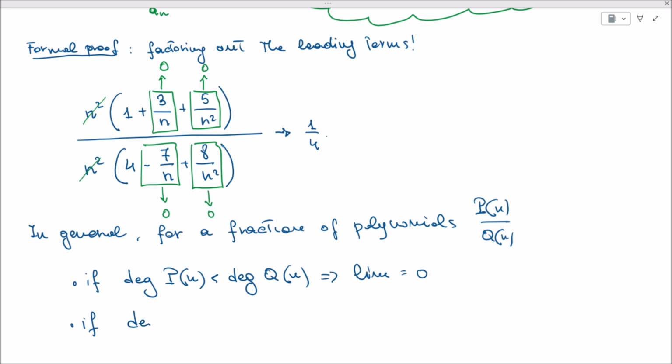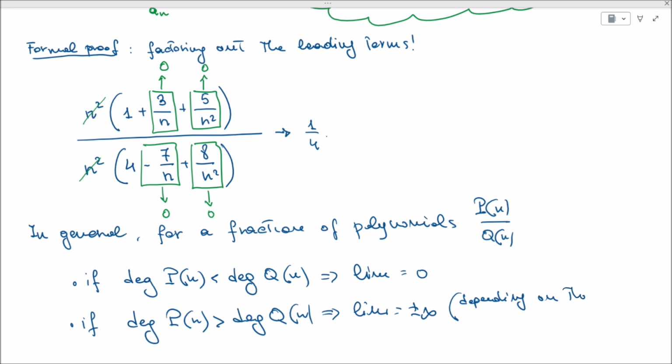If the degree of p of n is larger than the degree of q of n, then the limit is going to be plus or minus infinity, depending on the sign of the coefficients of the leading terms.